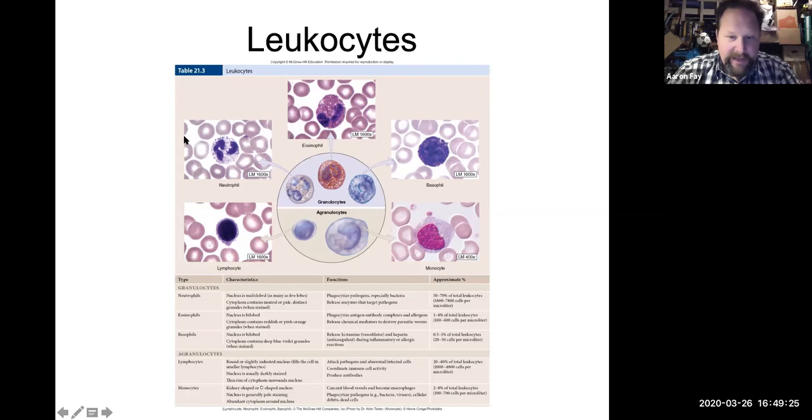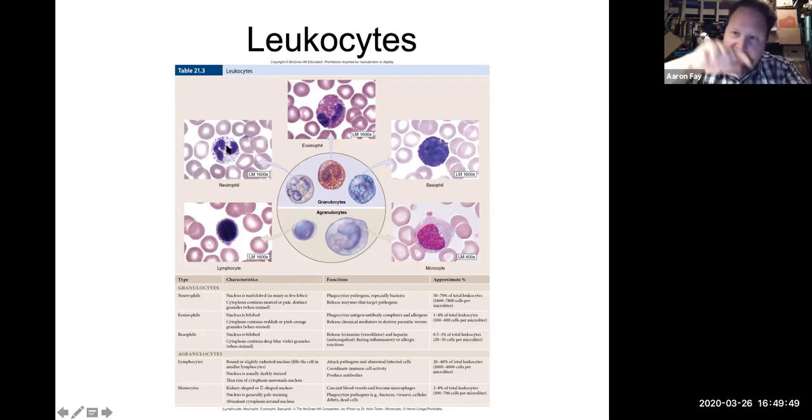So first up is the neutrophil. The neutrophil is the most common type of leukocyte we have. Neutrophils are 50 to 70% of all white cells. So when you look at a blood smear, you're going to see a lot of these. They have dark blue granules, and they have a multi-lobe nucleus.